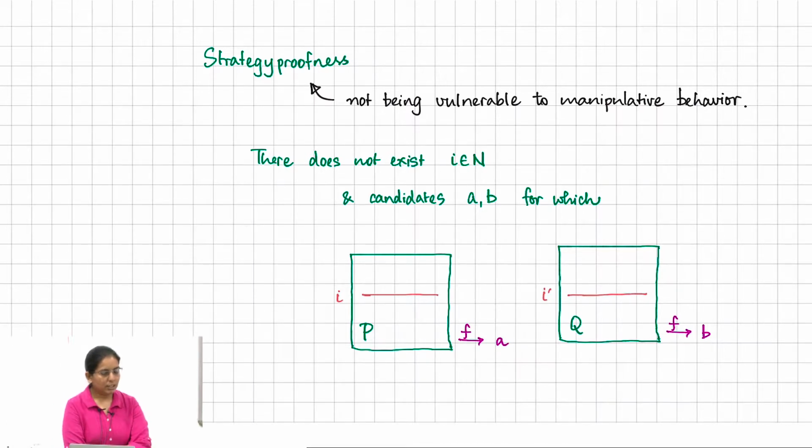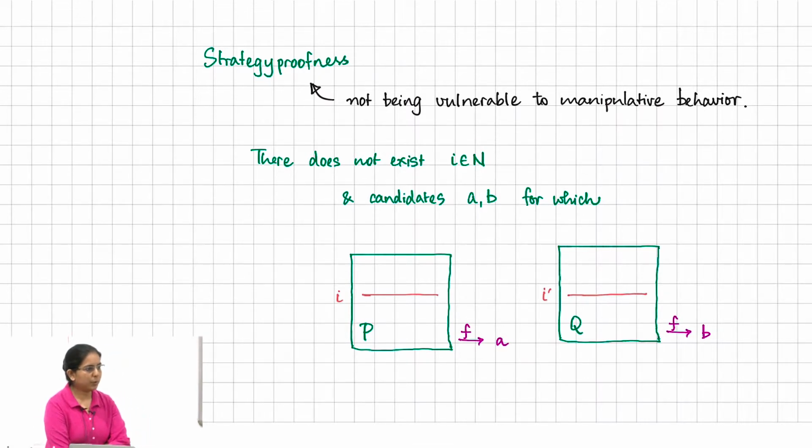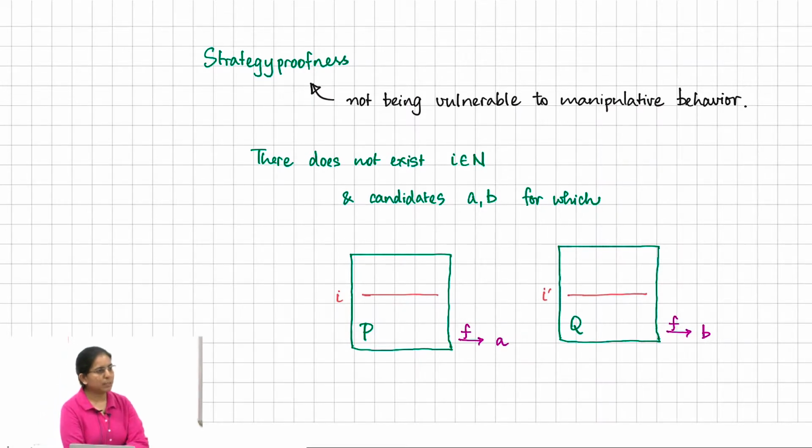Not really, right? However, if B is ranked above A in the truthful preference of the voter I, right, then the voter I looks at the profile Q and says that, okay, if I changed my vote according to what is specified in the profile Q, then the mechanism appears to give me something that I like more than the current outcome, right?